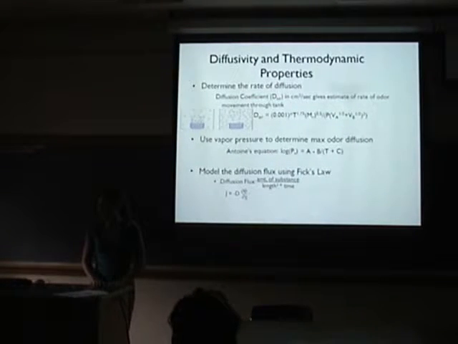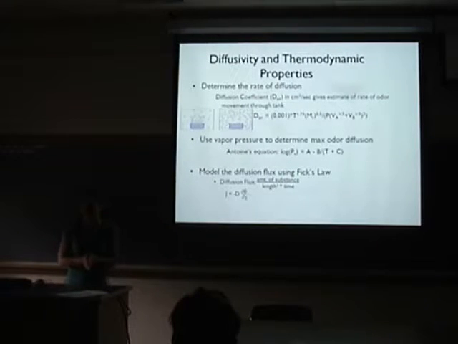And then I used this along with their vapor pressure to try to get an estimate of how they would move as a volume, which is their diffusion flux through the aquarium. Diffusion flux is the amount of the substance, either their polarity or volume, over length squared time.